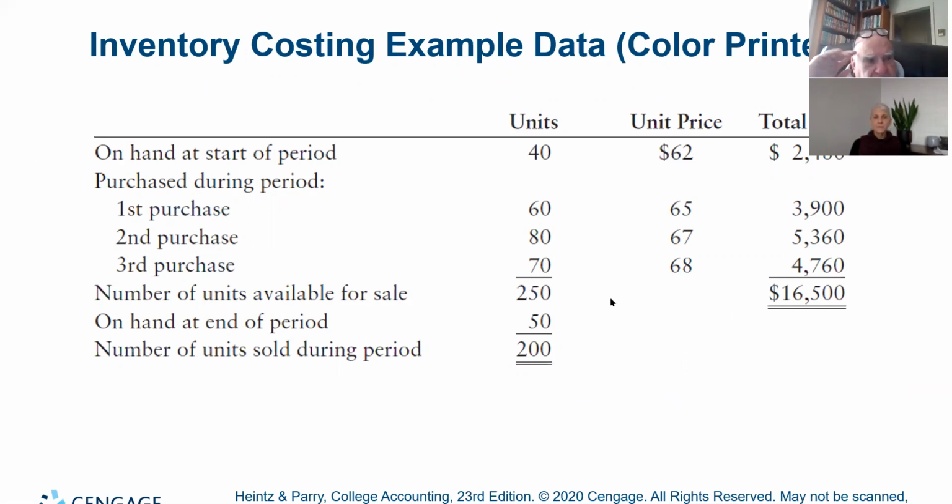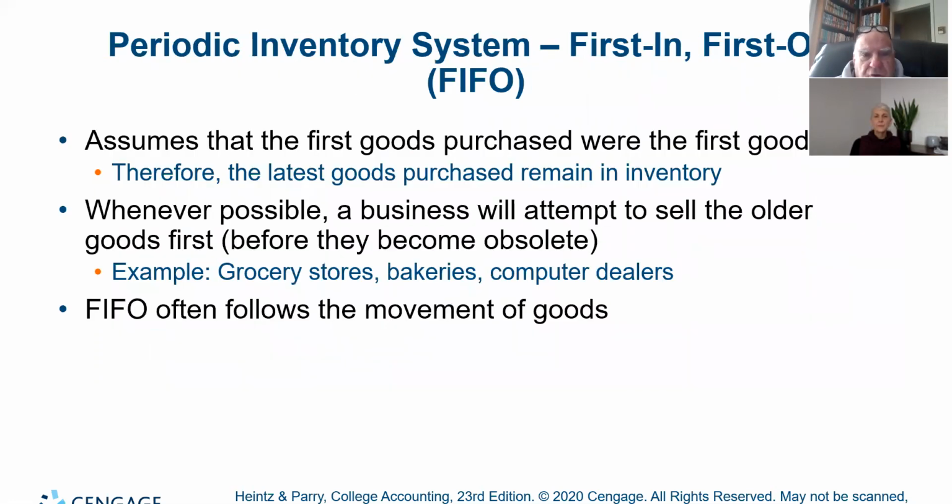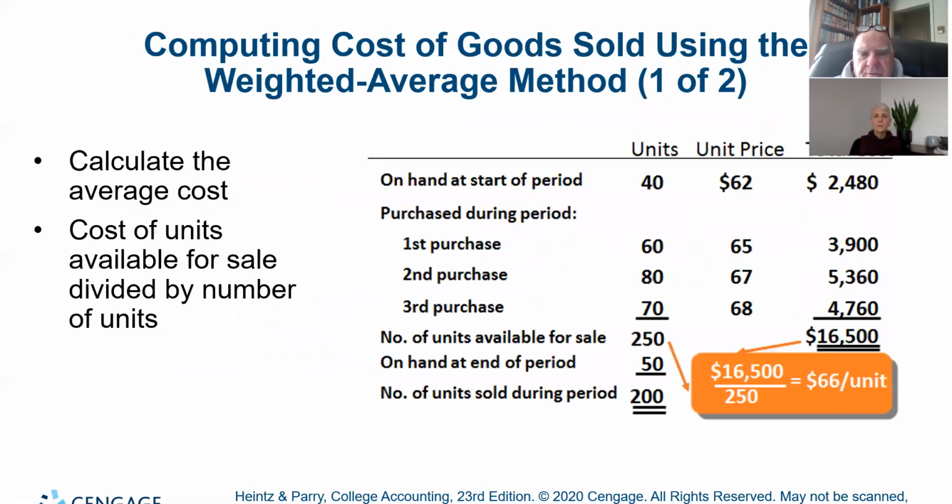My point is that's all you have to do. Once you get the 16,500, 16,500 divided by 250, whatever it is, you're going to multiply that by 50 and by 200. And they're going to show that to us here, I guess. Here we go. $66 a unit.